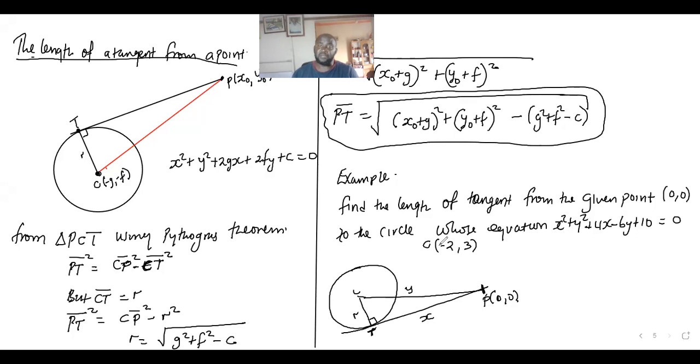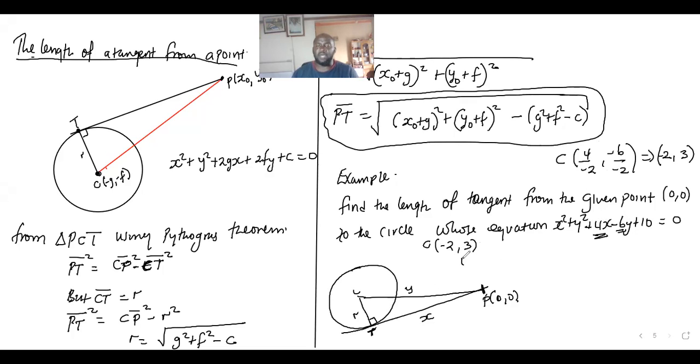Is there a person who has a problem of how to get the center? If you have a problem, get the coefficient of linear x, 4, divide by -2. Get the coefficient of linear y, -6, divide by -2. You'll end up having -2 and 3. So we have the center.